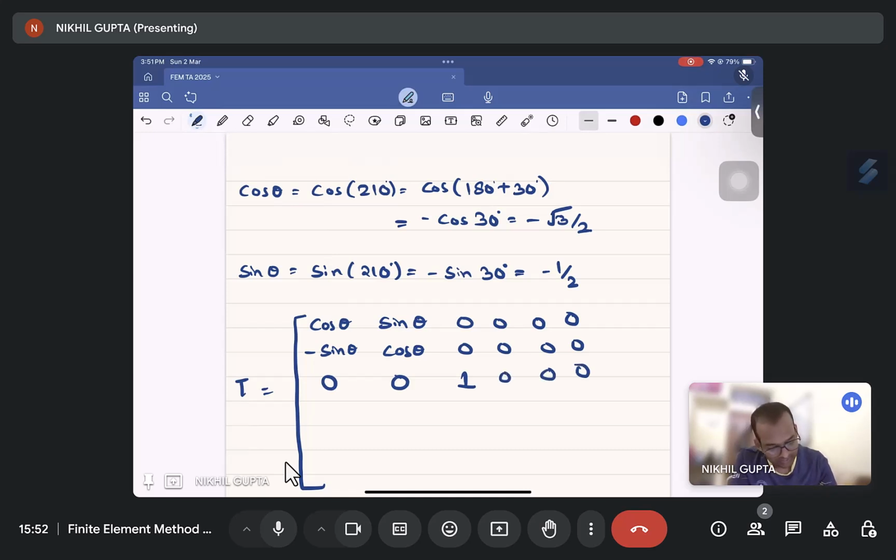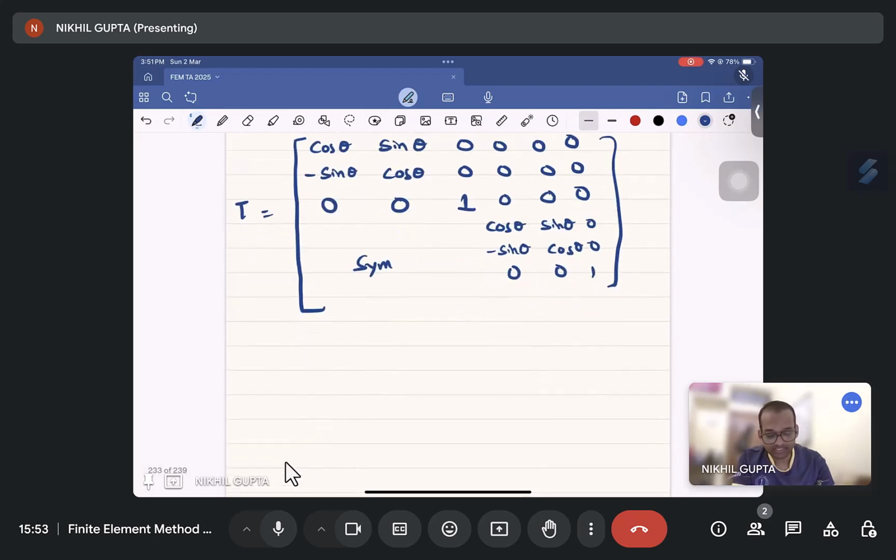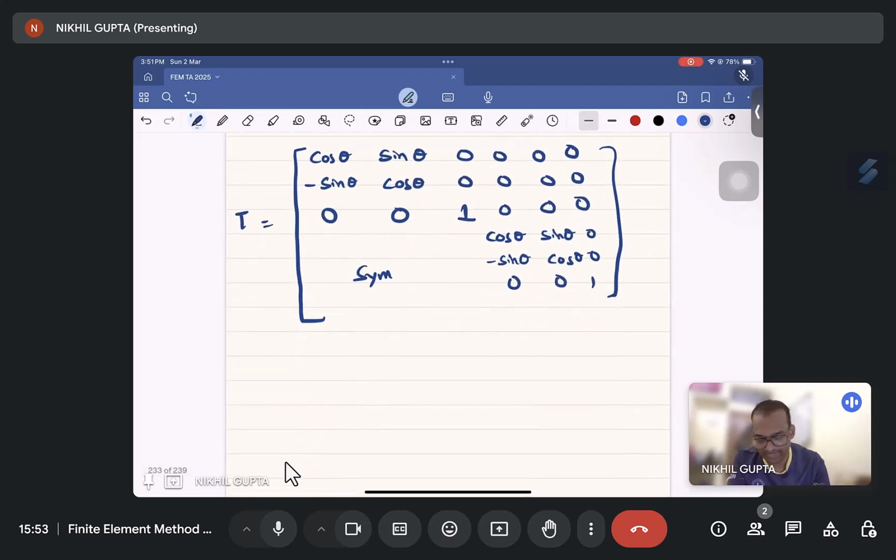Now similarly we'll repeat for this: cos theta, sin theta, 0, and minus sin theta, cos theta, 0, and 0 0 1, and here it will be symmetric. So this is the generalized transformation matrix when we have a moment as the rotation degree of freedom as well.